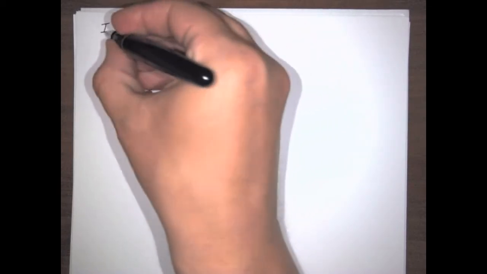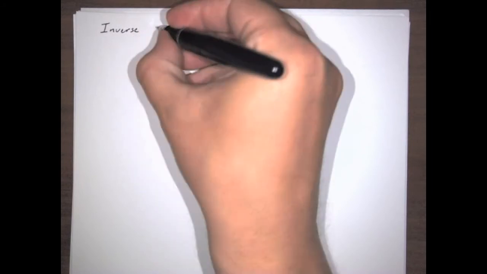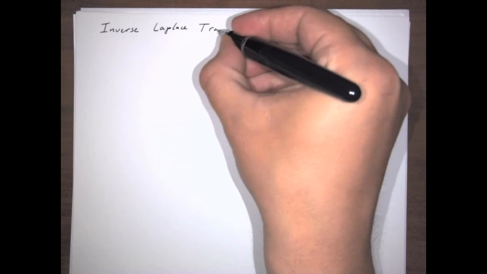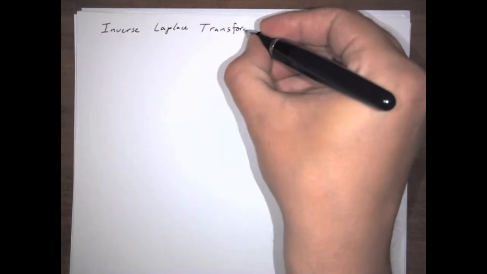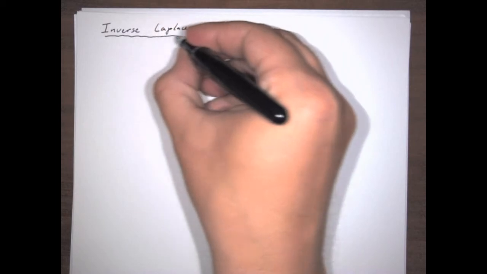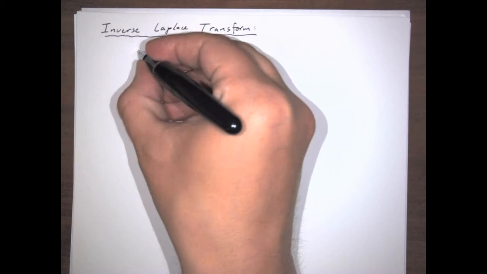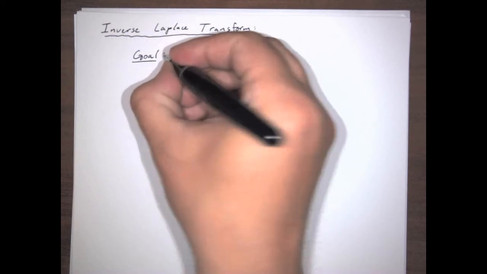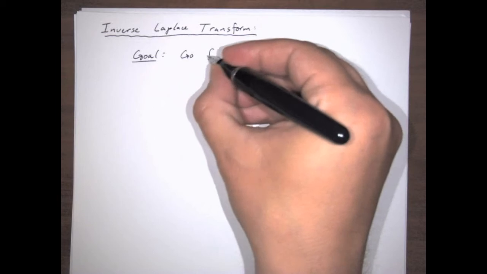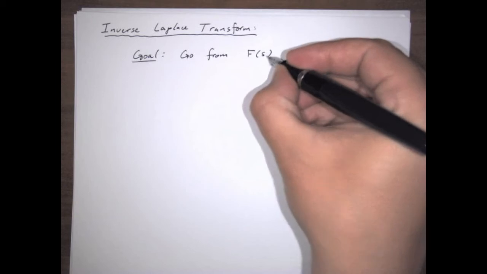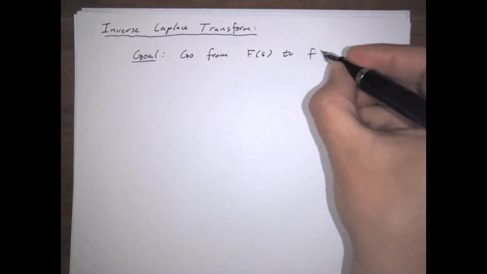Now the last little twist on this is the reverse process called the inverse Laplace transform. And the goal here is we are given the one that has the s and we want the one that has the t. So the goal is to go from F of s to little f of t.